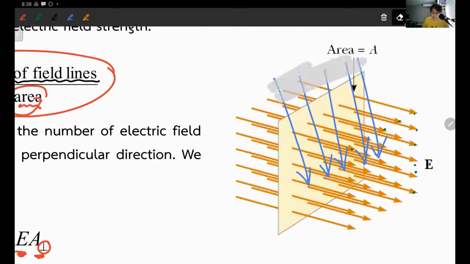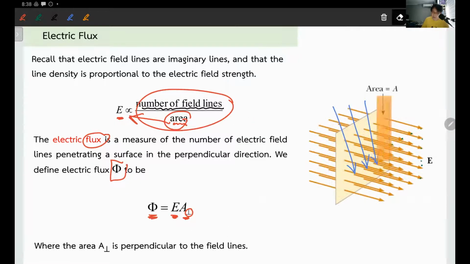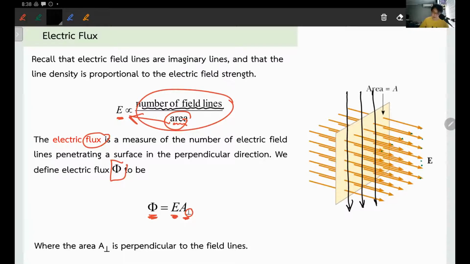If all those 30 lines are pointing in this direction, I'm just going to draw maybe 4 of them. Then I ask you, how many black electric field lines are going through this area? What would be your answer?